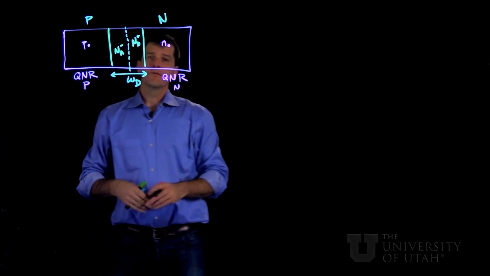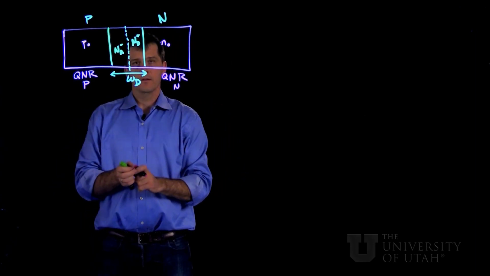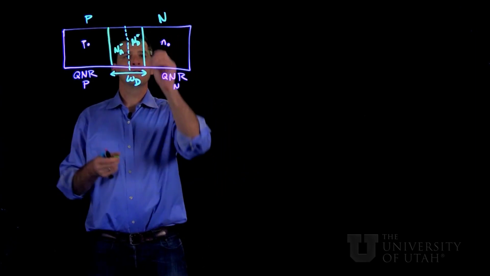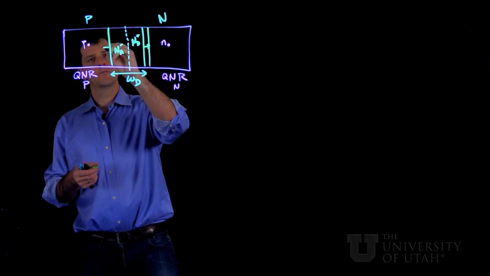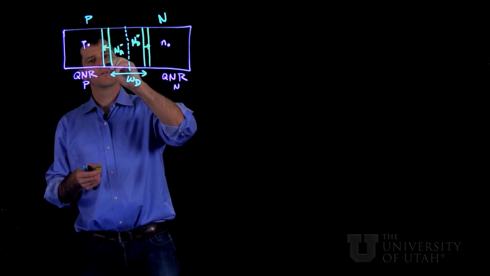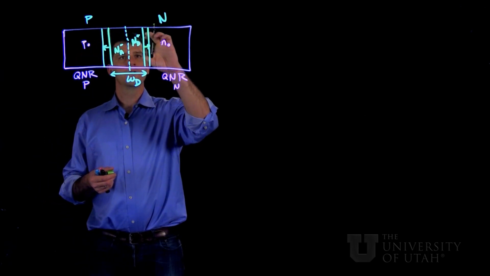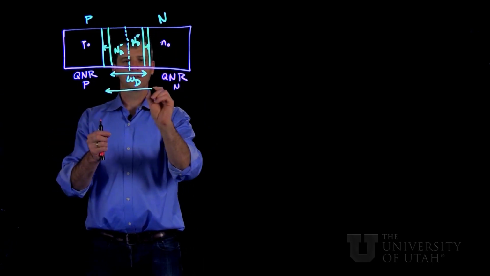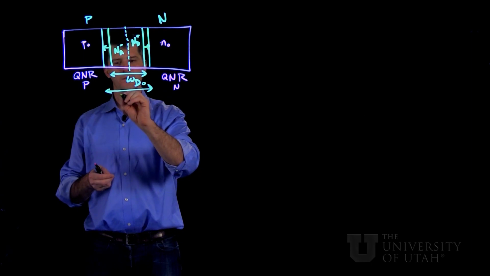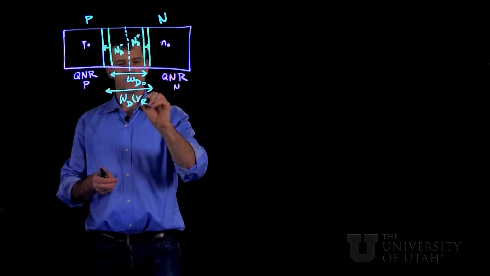Now we said that if we apply a reverse bias, the boundaries of the depletion width on both sides are going to move out slightly such that they sweep out a little more charge. They make the depletion width bigger. So if this is our WD naught, this is our WD of V reverse.